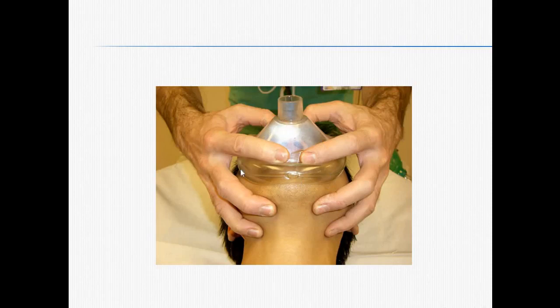This is the C and E maneuver. C is the thumb and index finger, and the E is the middle, ring, and little fingers.